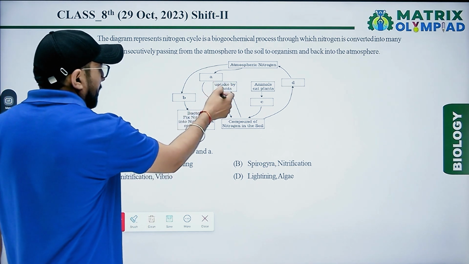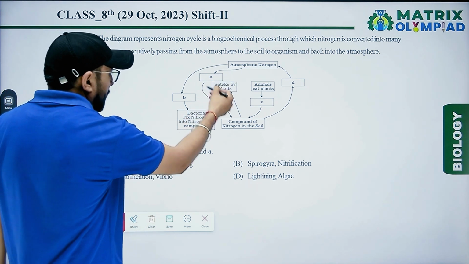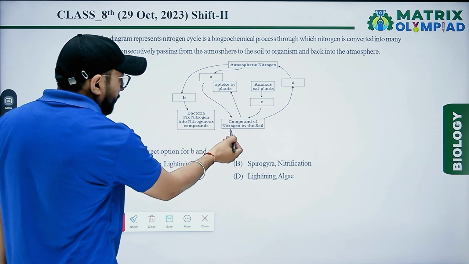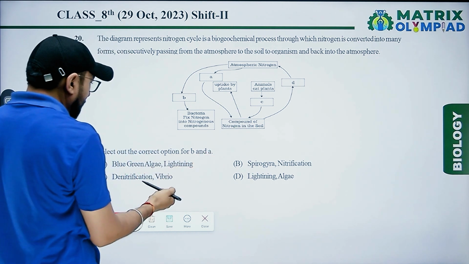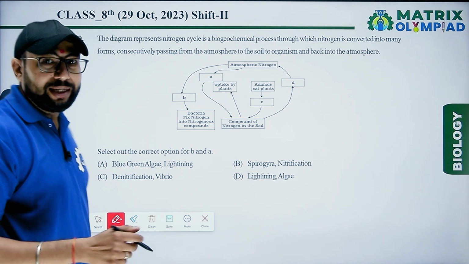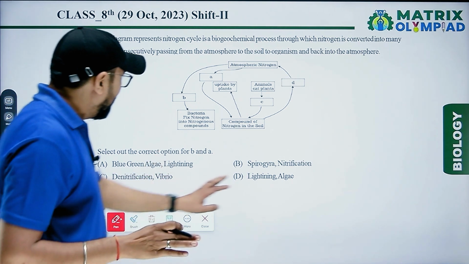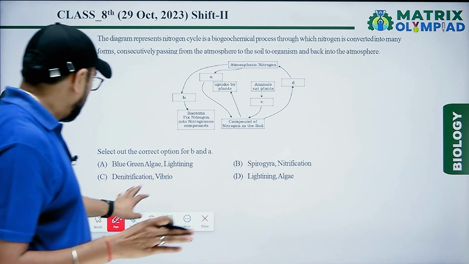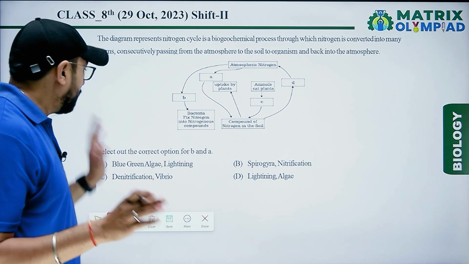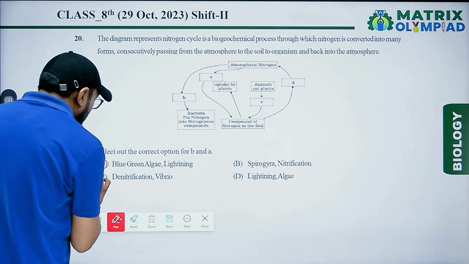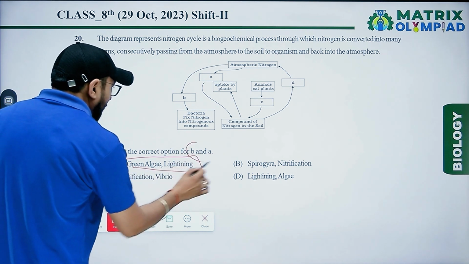Lightning process: at the time of lightning, compound of nitrogen forms in the soil, that is right. So option first is the right answer. Second, third and D are wrong. Algae, no. Nitrification, no. Vibrio cholerae, no. So option A is the right answer for B and A.